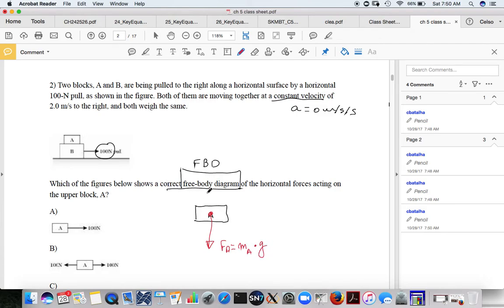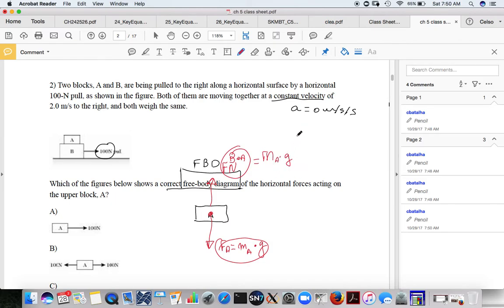But it also has the upward reaction of block B on it. It's a normal force that block B exerts on block A. And since block A is not jumping up and down like a popcorn, the magnitude of these two forces happens to be the same, right? The numbers that represent them should be the same.